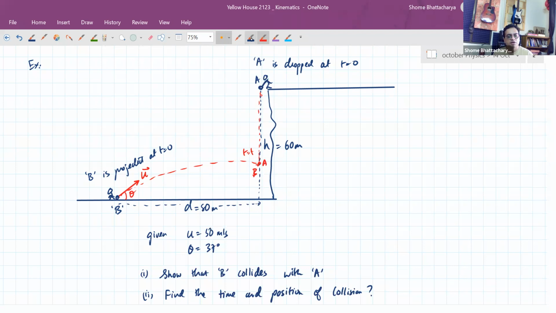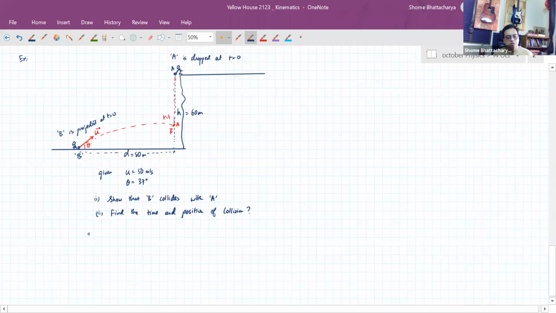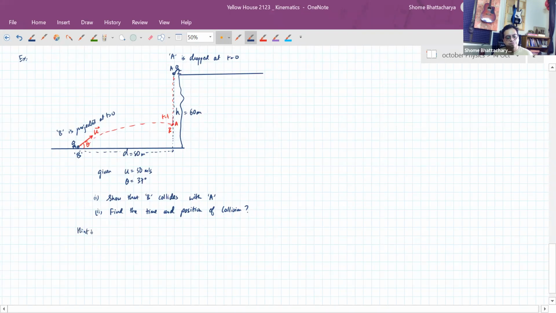But it's going to be much easier to solve if we look at the motion of one object with respect to the other. And that will be which type of motion? It will be a uniform motion, or unaccelerated motion.